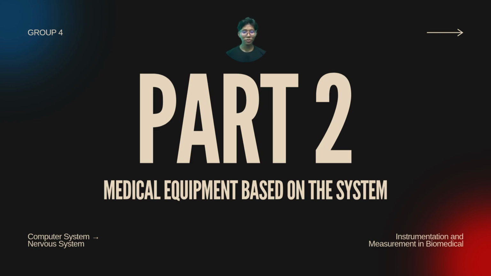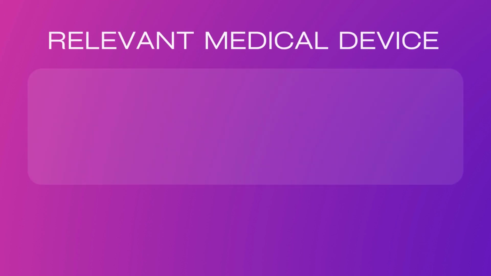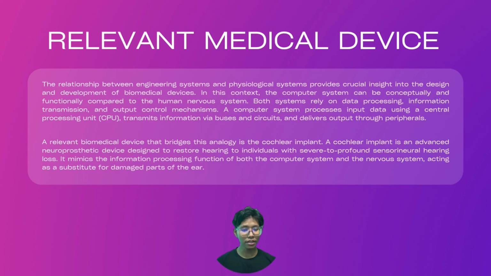So I'm going to continue with part 2, medical equipment based on the system. The relevant medical device that we're going to talk about is the cochlear implant. The relationship between engineering systems and physiological systems provides crucial insight into the design and development of a biomedical device.